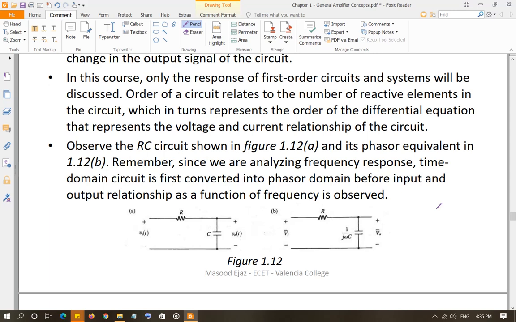Low pass lets all the low frequencies up to the cutoff frequency go through the circuit, and stops the rest of the frequencies above that cutoff. Likewise, high pass stops everything up to the cutoff and lets all the frequencies above cutoff pass through. Band pass allows a band of frequencies to go through the circuit, and the rest are stopped. Band reject is the opposite, where a band of frequencies is rejected and does not reach the output, and the rest go through.